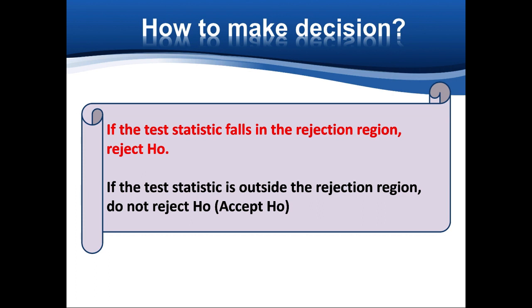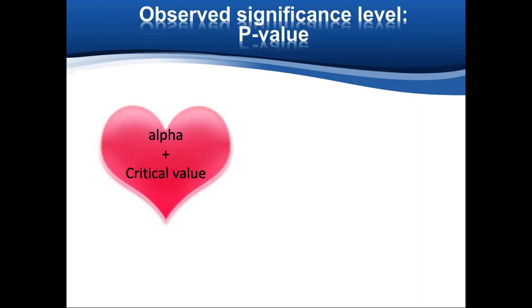If the test statistic is outside the rejection region, do not reject H0, or we say accept H0. This is one method to make a decision, using alpha and critical value.